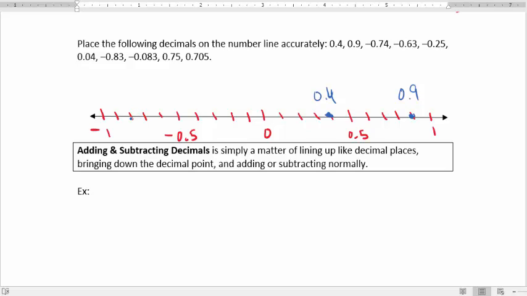Here's negative 0.8. So negative 0.74 would go between these, slightly closer to negative 0.7. So it would go like here. Negative 0.63, well, here's negative 0.6. Negative 0.63 would be a little closer to negative 0.6 than negative 0.7.